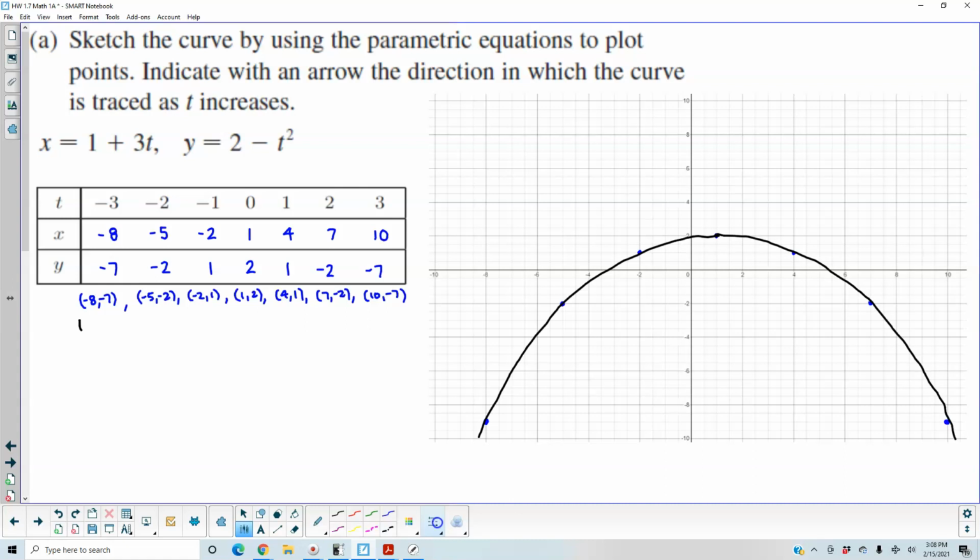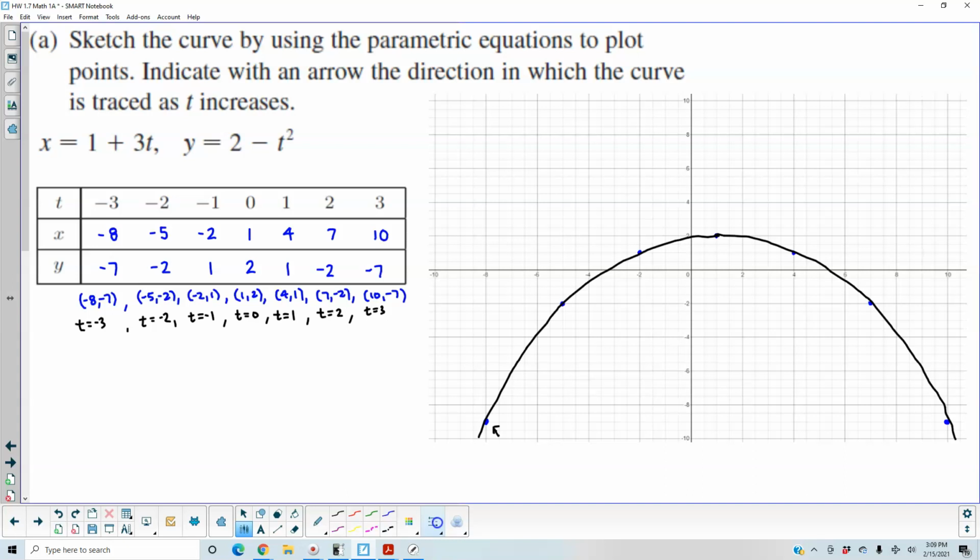Okay, so this is when t is equal to -3, t is equal to -2, t is equal to -1, t is equal to 0, t is equal to 1, t is equal to 2, and then t is equal to 3.